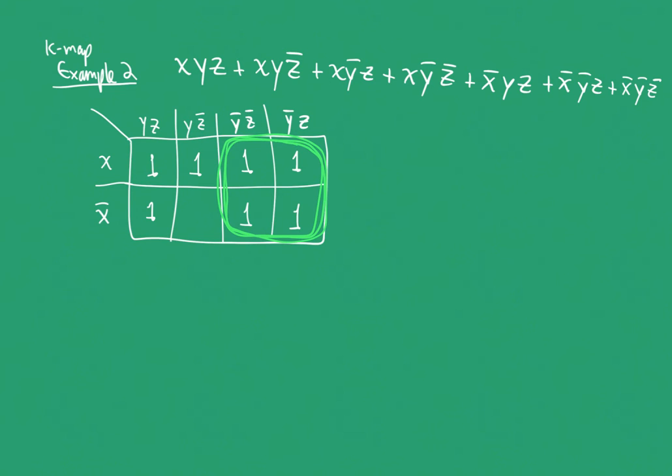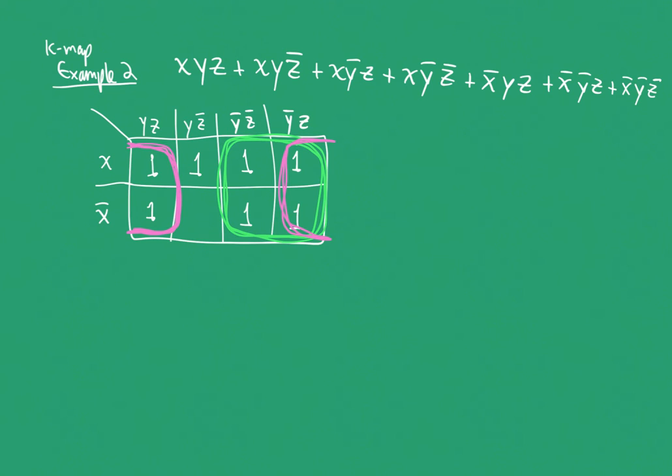So with that principle in mind, we can now circle another 2x2 group, which would be, this would be half of it, and this would be the other half of my other 2x2. Now all that's left is a lonely one.